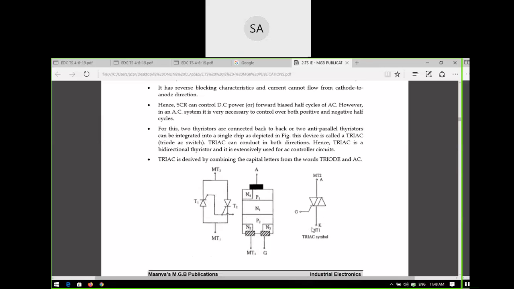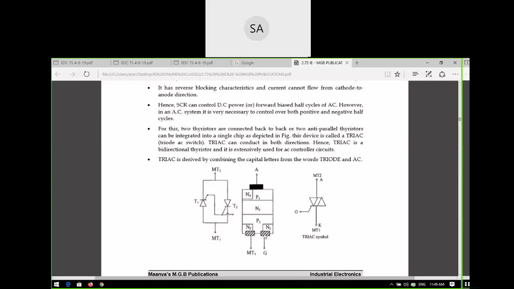If you see the device structure, it is the same as that of the DIAC. The only difference is the gate terminal, which is present here.